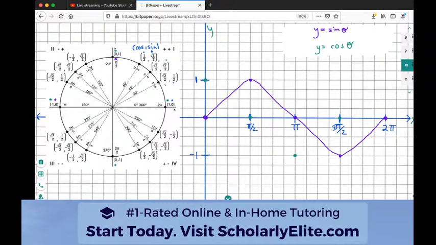And at 2 pi, my cos is 1. So again, this is one period of the cosine function. One way to tell that you've accomplished a full period of something is that it goes back to where it began. So in this case, it began at 1 and it went back to 1 at 2 pi.